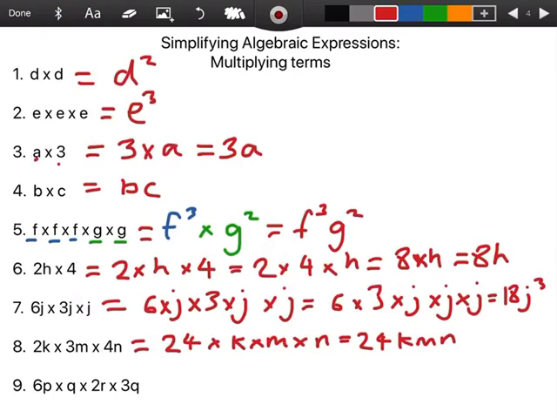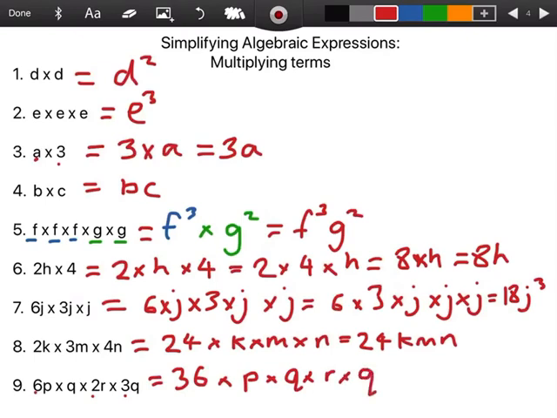Okay, now these are potentially really confusing if we're not careful with them. But on this one, 6 times 2 times 3, so 6 times 2 is 12, times 3 is 36. Then we've got p times q times r times q.